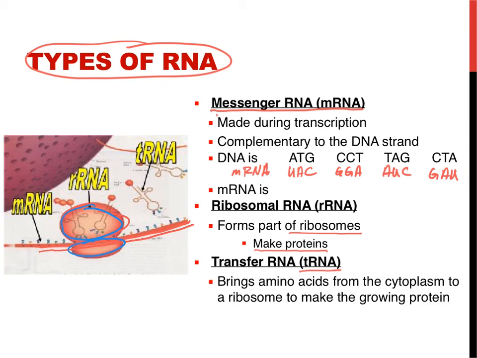And then tRNA, or transfer RNA, has a shape like a T, and it's got these 3 bases on the end, which we're going to talk about in a minute. But those are going to bind with the 3 bases on the messenger RNA to bring in the correct amino acid for the growing protein chain.